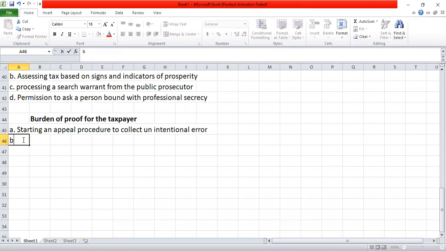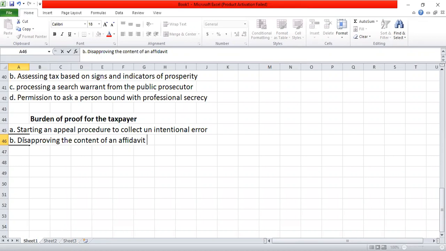Number two, disproving the content of an affidavit. Maybe the tax administrator has come up with some affidavit and you want to prove that the affidavit they have is not correct.